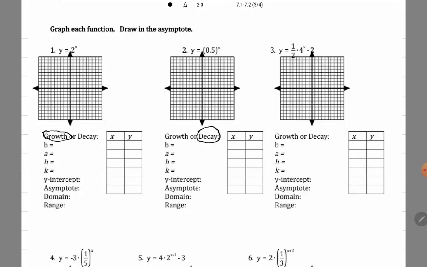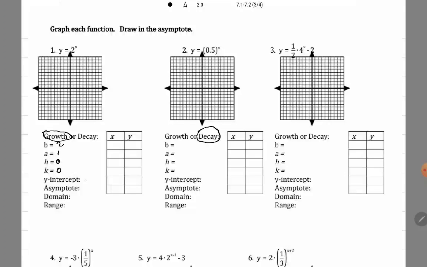Okay. So b value is 2. In this one, a value is 1, not 0, even though it's gone, but think of it as something being multiplied. H is 0, k is 0.